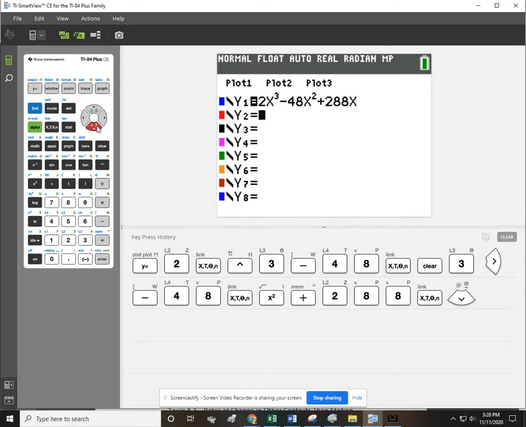All right, and then the exit or leaving function, type the rate out function into Y2.